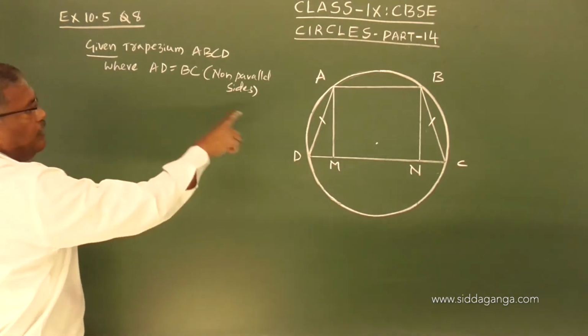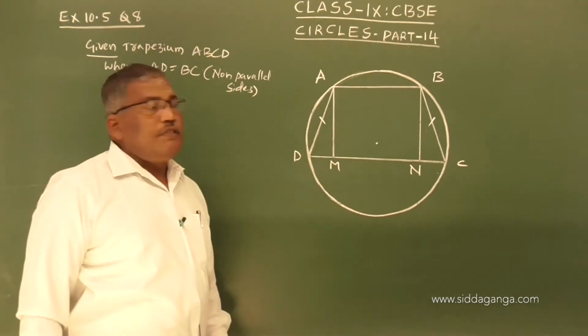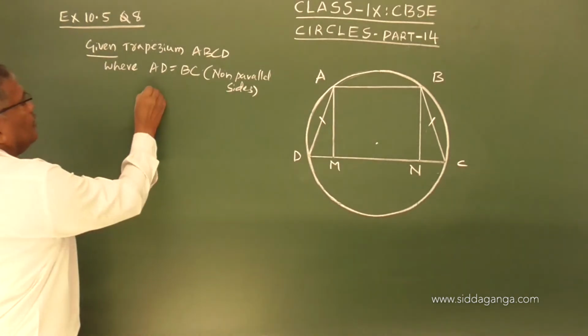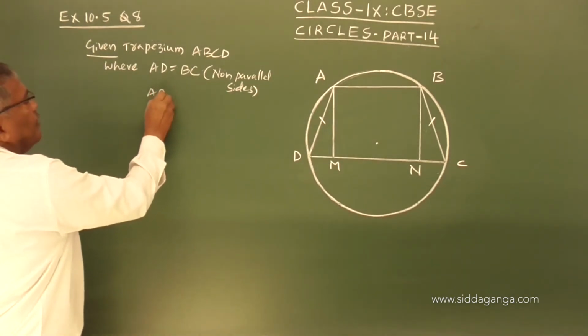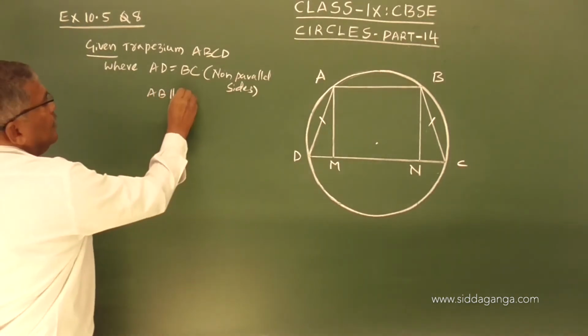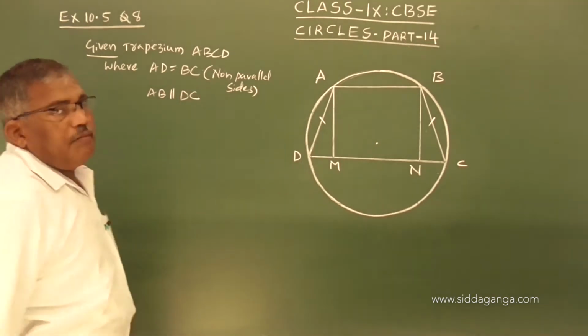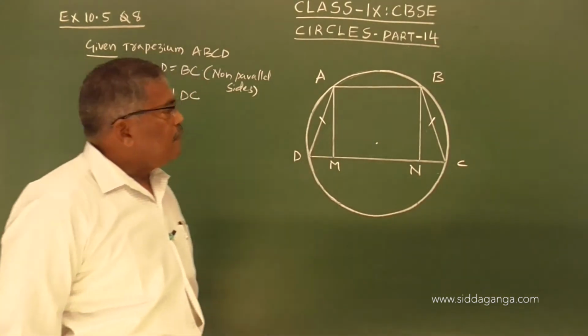Now, see, because ABCD is a trapezium, we have AB parallel to DC. AB parallel to DC.